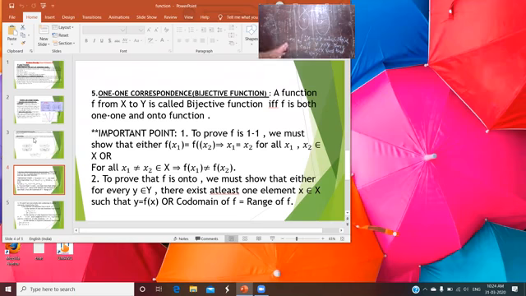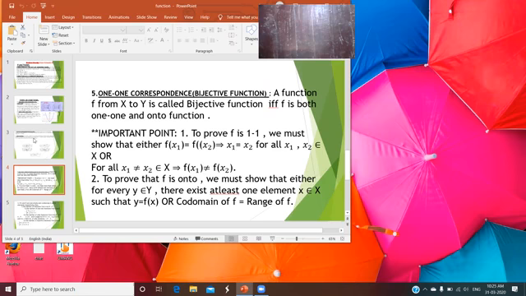One-one correspondence, or bijective function, is a very important type of function. That is a very important topic. A function is said to be bijective if it is 1-1 and onto both.